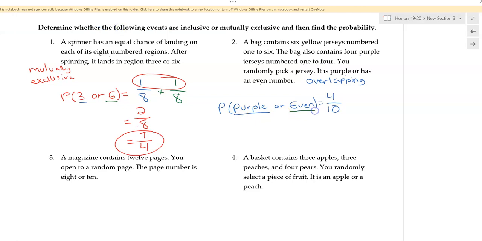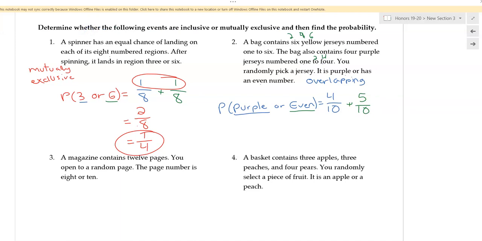The probability of even, well, I have 2, 4, and 6, and 2 and 4 here. So in total, I have 5 out of 10.